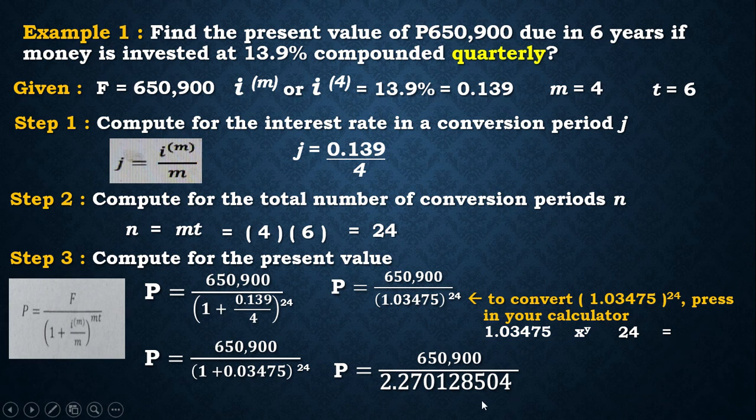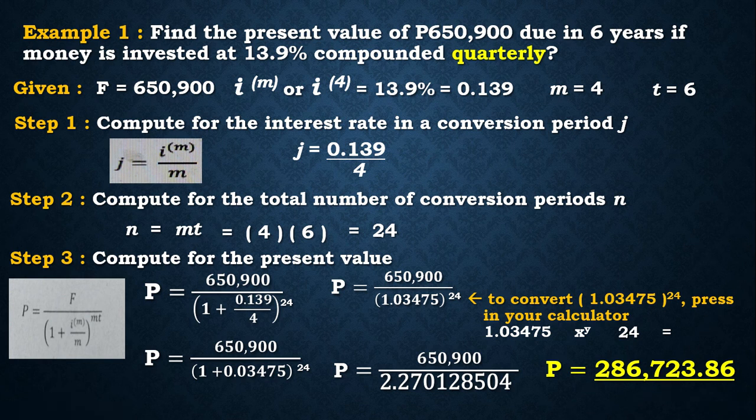Ang next step po, para po sa ating final step, i-divide po ang 650,900 divided by 2.270128504. Kaya kapag i-divide po ito, ang ating present value po ay 286,723.86.